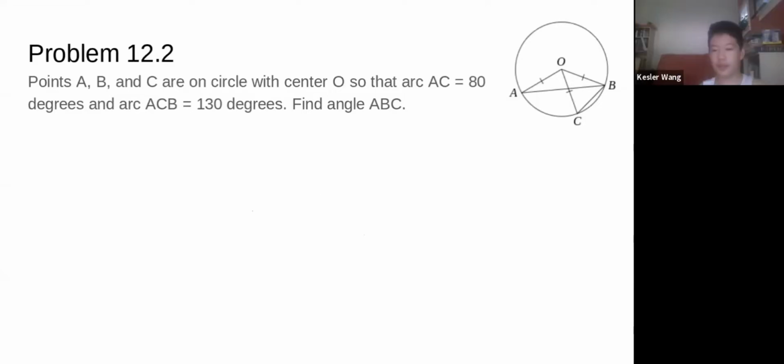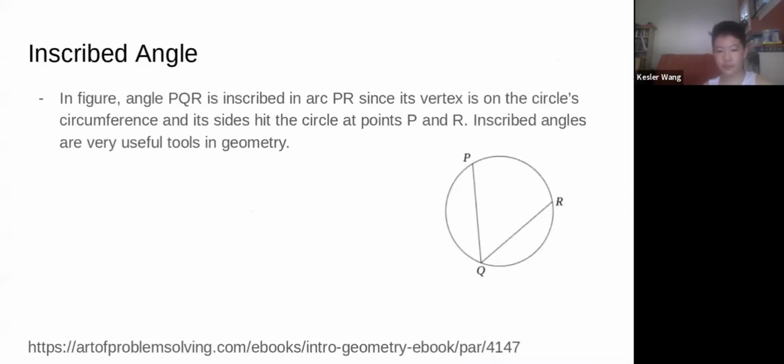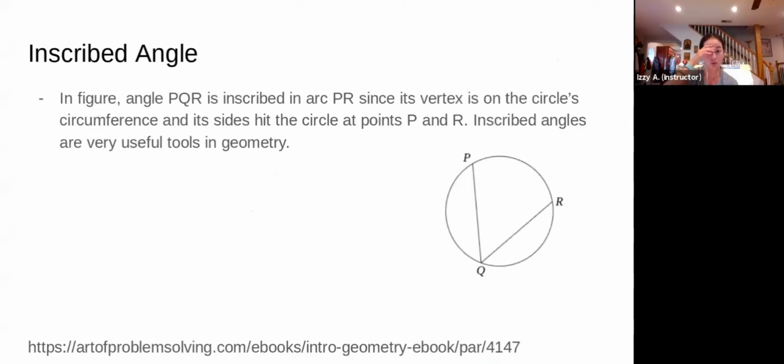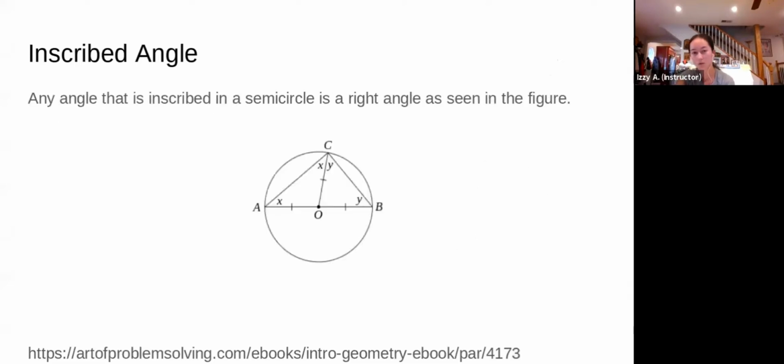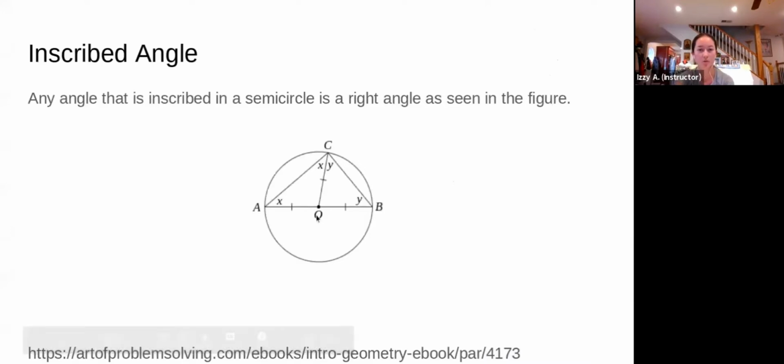Can you go back to the important points? Yes. So that's what an inscribed angle is. And this is what an inscribed angle inside a semicircle is, so that's going to be 90 degrees.